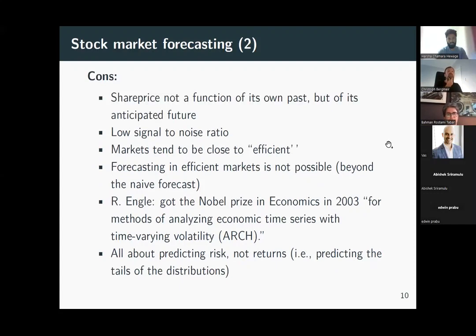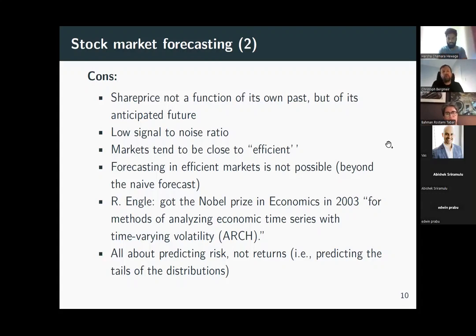So, but there are also a lot of drawbacks to stock market forecasting. The share price is usually not a function of its own past, but of its anticipated future. So you have an extremely low signal to noise ratio. And another thing that machine learners that are not in finance often do not understand is that markets tend to be close to efficient.